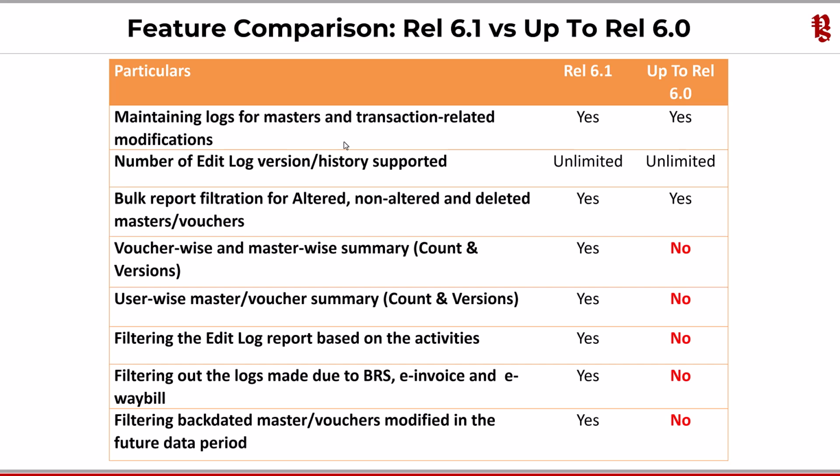That is, after you have finalized your financial year, let us say 24-25, and you are continuing with the data for the current year, you can now apply a filter and see, as on today, whether there has been any modification to your finalized books of account, the vouchers or masters of the previous financial year. It's a very useful report, especially for the auditors.